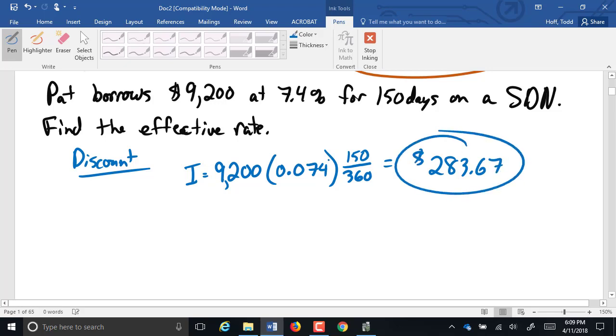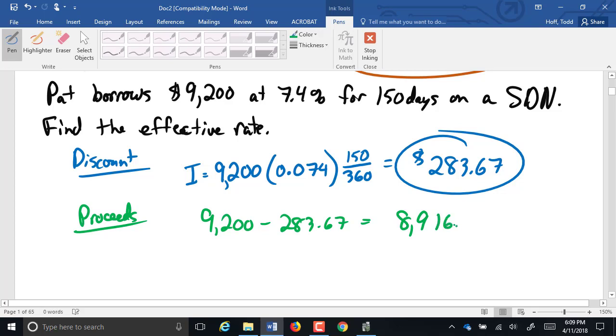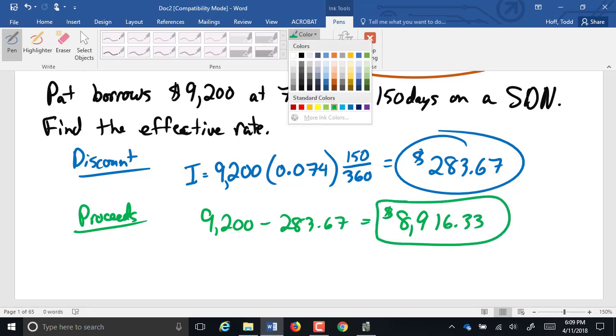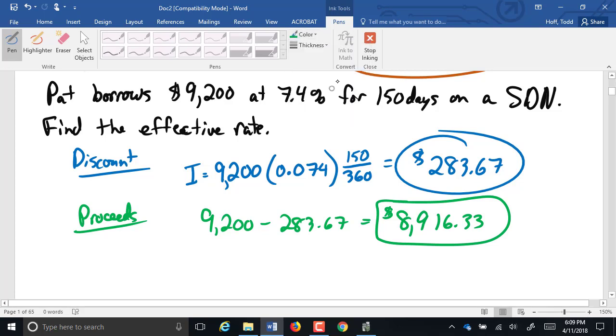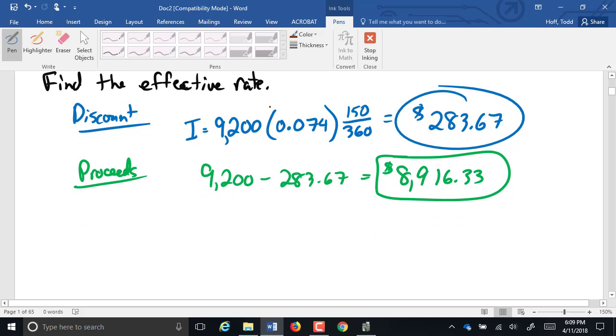Does that look right? Okay. So proceeds, the 9,200 minus 283.67 gives us $8,916.33 for proceeds, correct? Any questions so far?